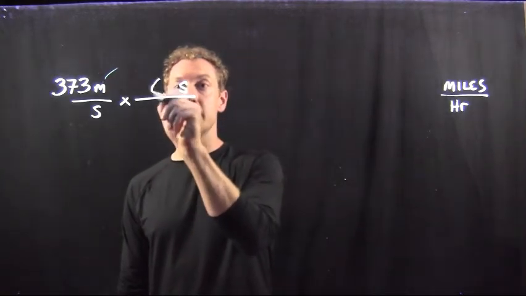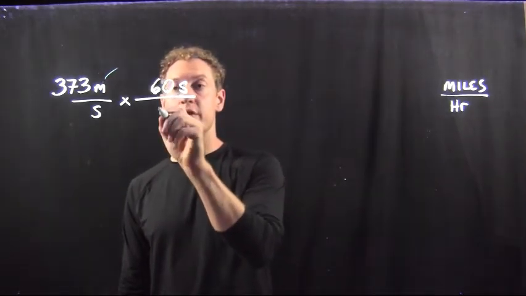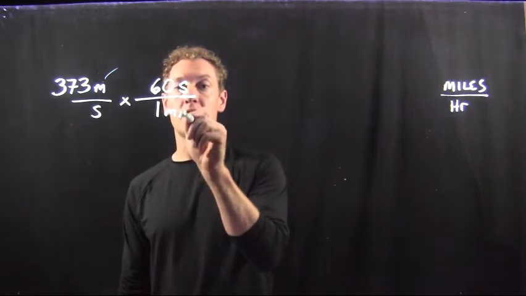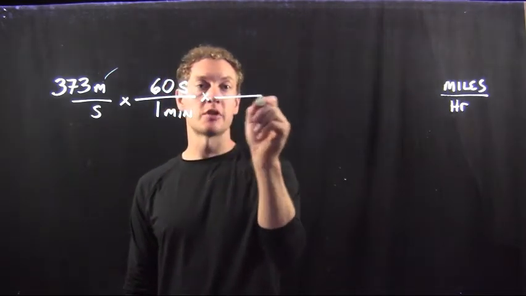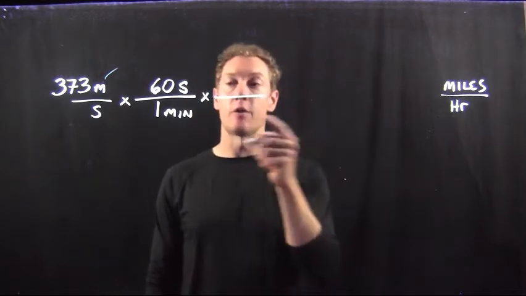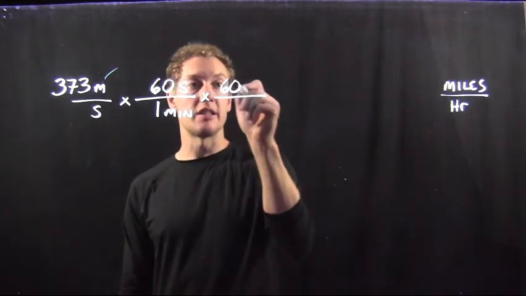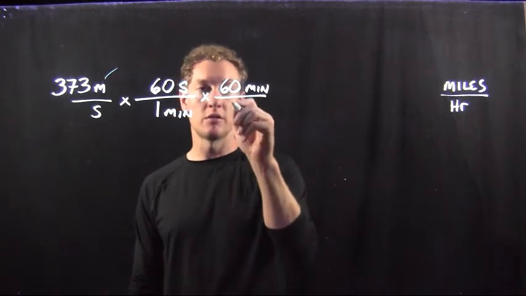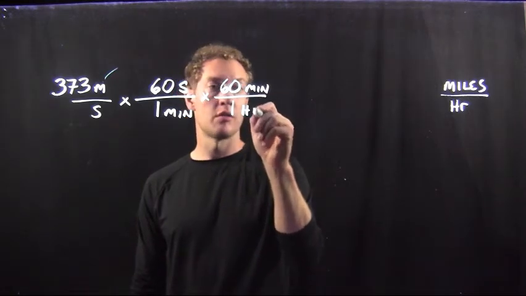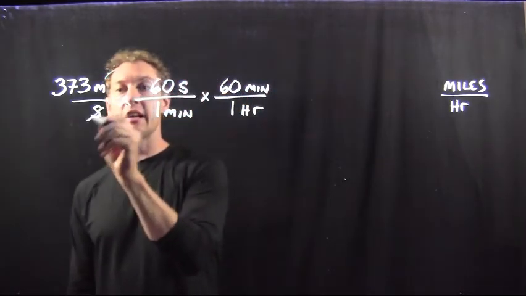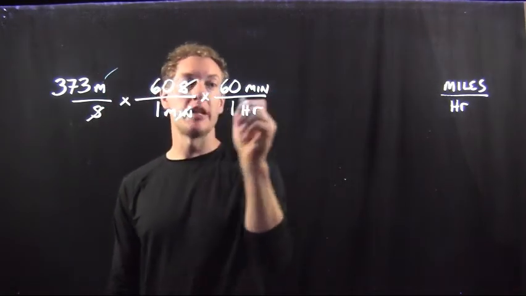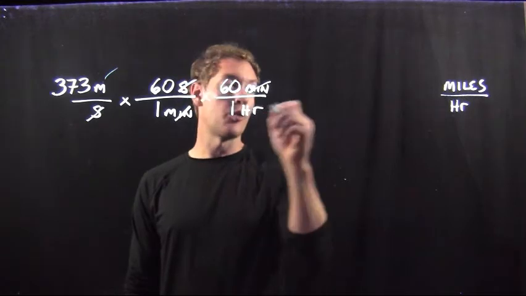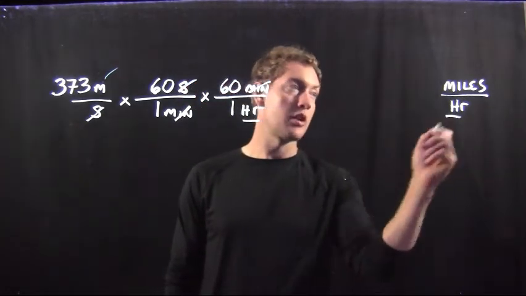It is 60 seconds for every 1 minute times, and then I can get minutes to hours. It's 60 minutes for every 1 hour. Seconds cancels, minutes divides out, hours is what I'm aiming for.